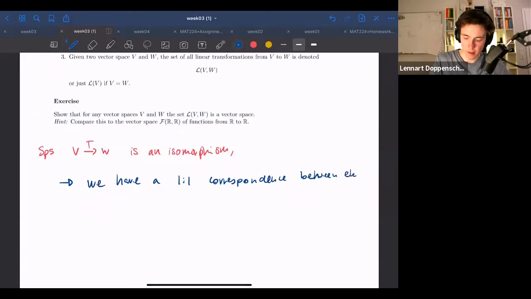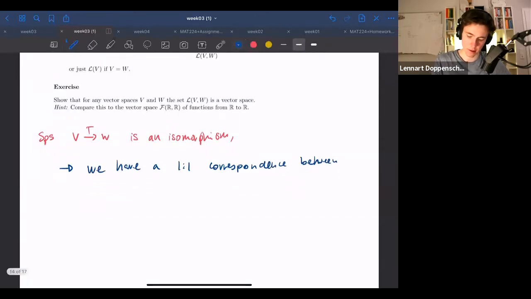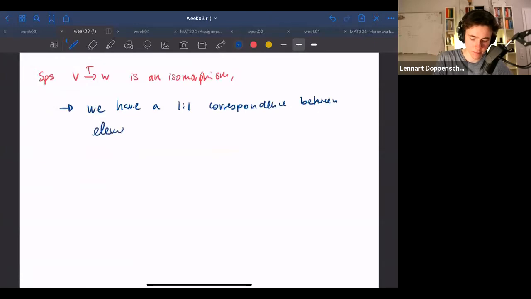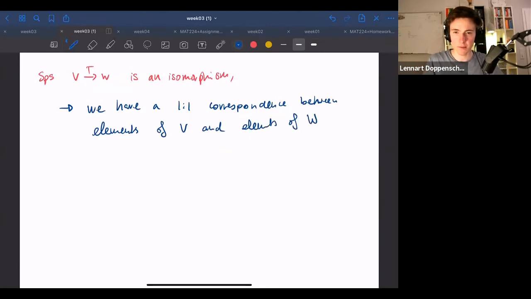Between elements of V and elements of W, there's only one element associated to each element in V, and vice versa.